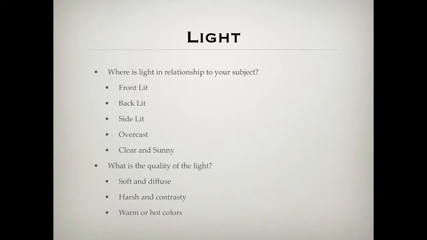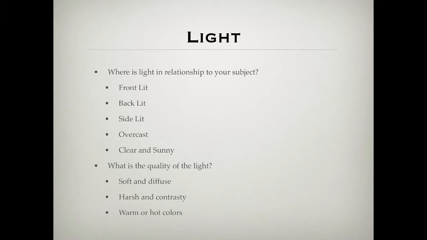Is the sky overcast? An overcast day with diffuse lighting is good for shooting plants and other kinds of vegetation. Is it a clear and sunny day? What does that mean to the color and quality of light? What is the quality of light? Is it soft and diffuse, like on an overcast day? That's often good for photographing a wide variety of subjects. Is it harsh and contrasty?